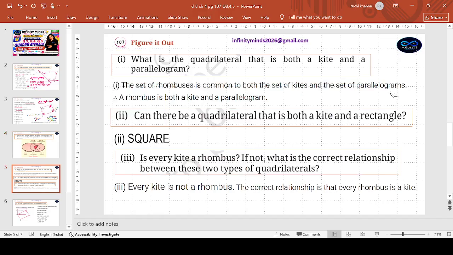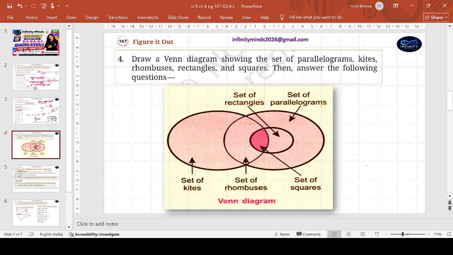Which is the quadrilateral that is both a kite and a parallelogram? Okay. The first question talks about something which is both a kite and a parallelogram. The answer to it will be a rhombus. If we go to our slide, kite and a parallelogram.